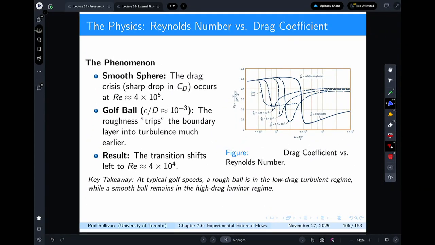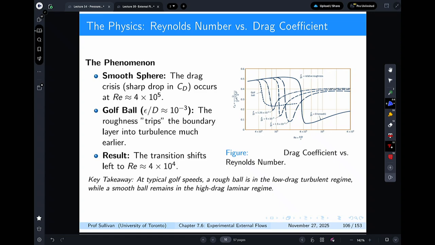And this graph, which is the graph I was looking for and I could not find. So this graph is the effect of Reynolds number versus C sub D for a sphere. And the only difference is relative roughness.